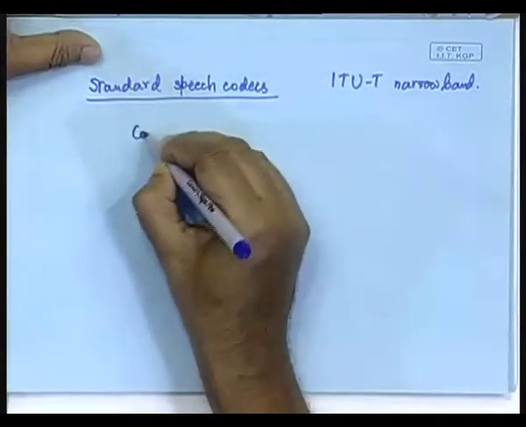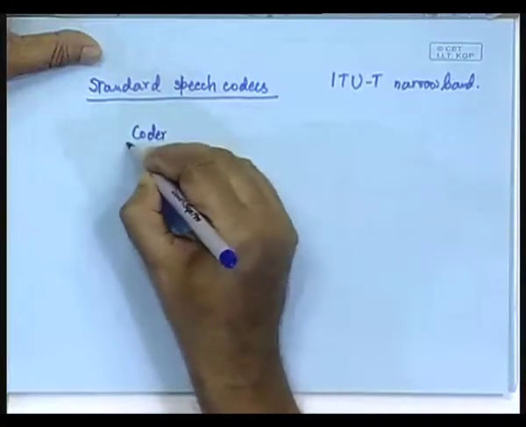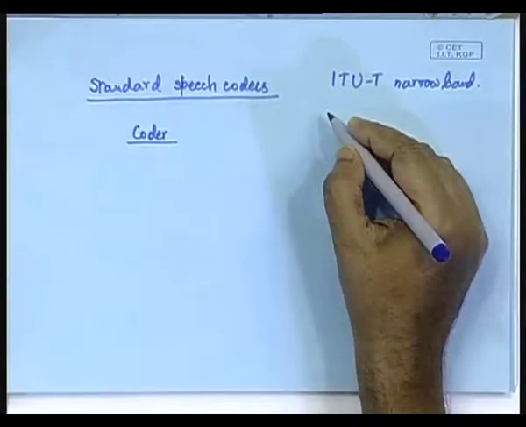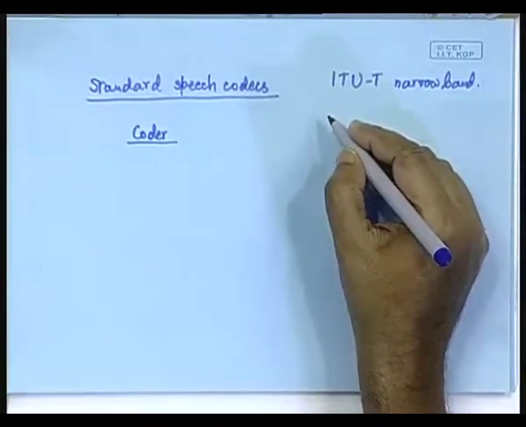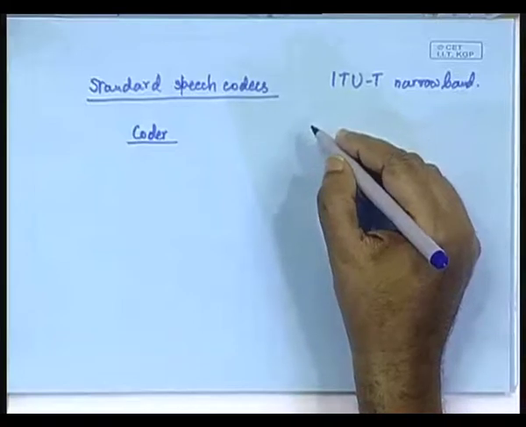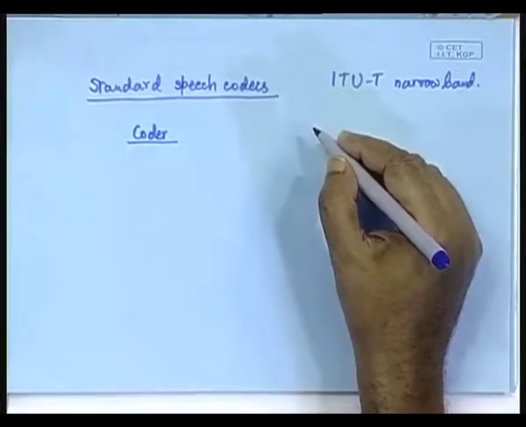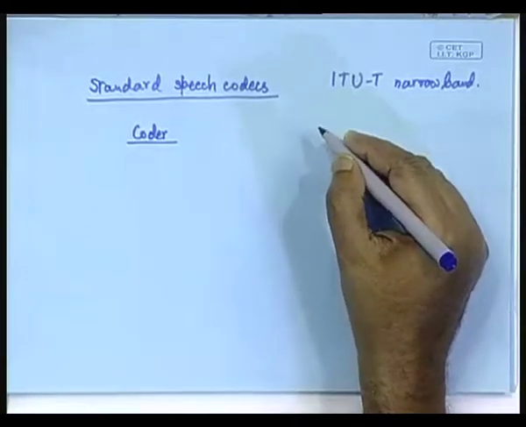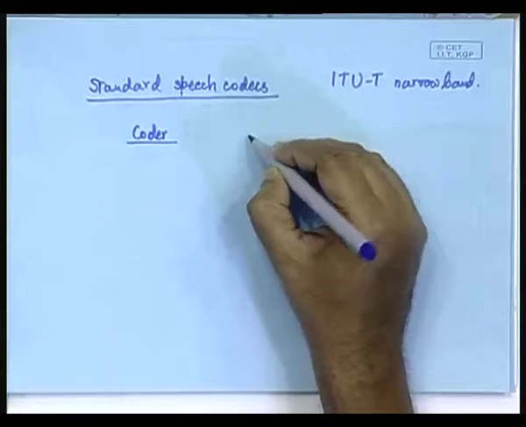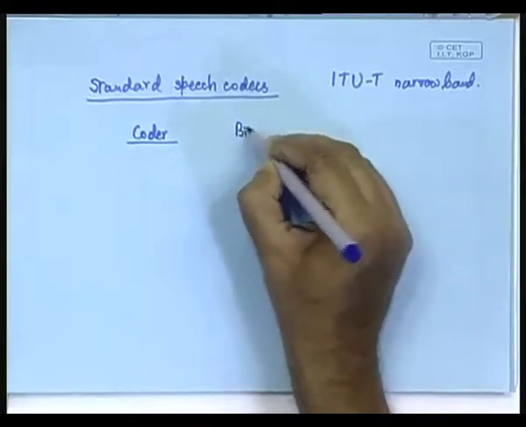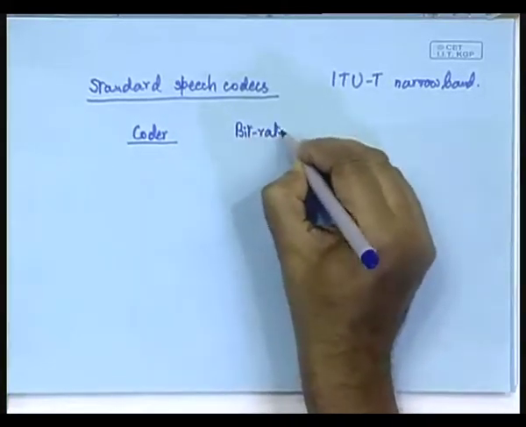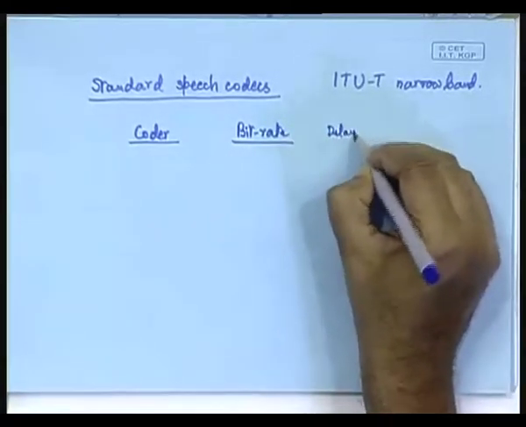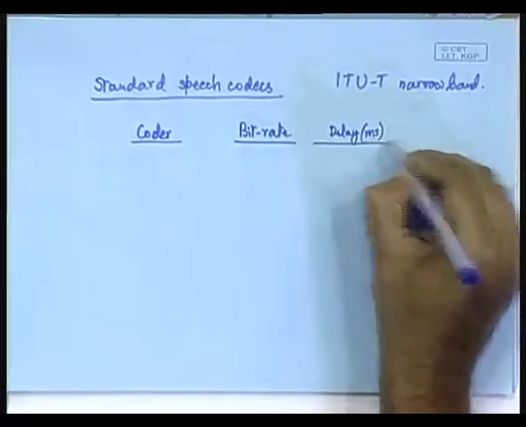Here we just list the name of the coder, or the standard number that is assigned, because every standard coder has a type number associated with it. And then we also mention the corresponding bit rate for that coder, and then we specify the delay in milliseconds.